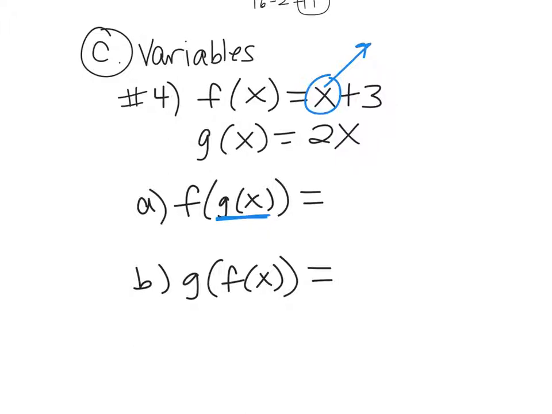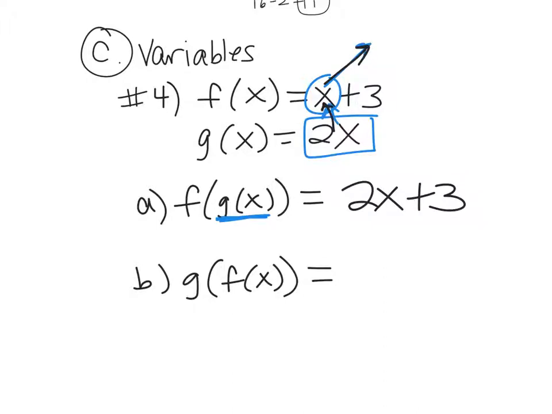The sub comes in. We're not both there. We're not multiplied together and doing the same thing. This is what we're going to do. We're going to take g of x, which is 2x, and we're going to take this out and replace it. Okay? And so you get 2x plus 3. Not 2x squared. You're not multiplying them. This x is leaving, and this 2x is going in place of it.